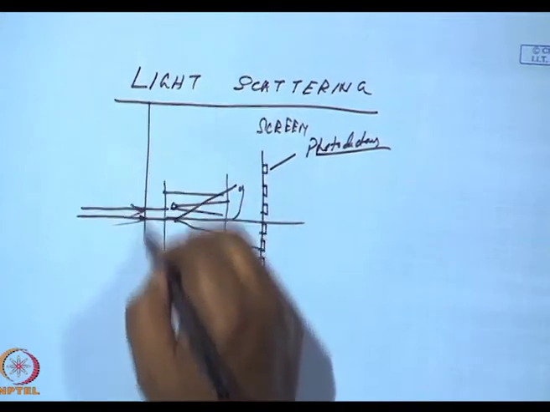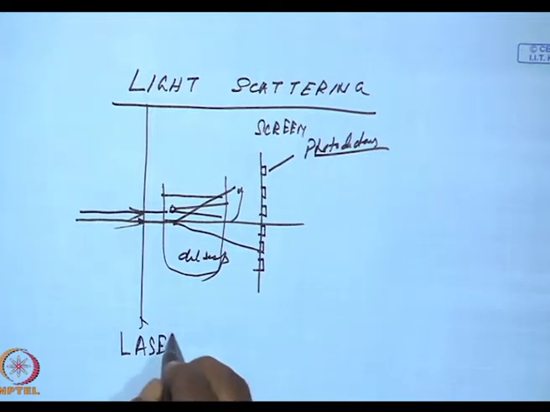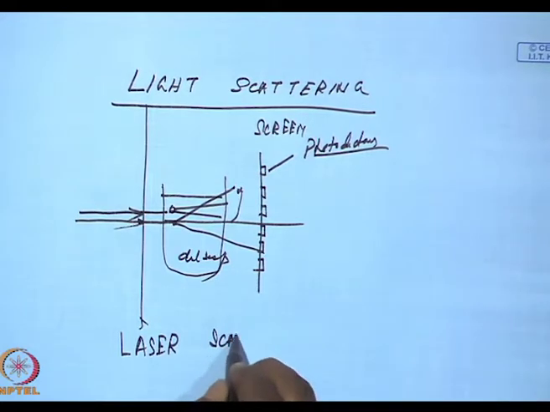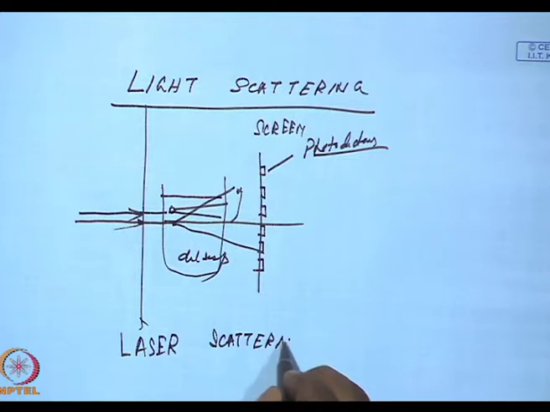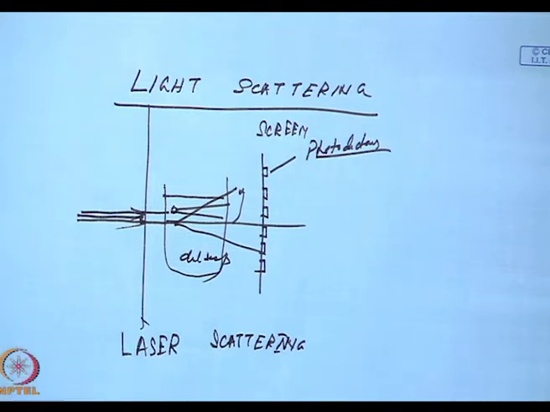Today, this light scattering has become more of a laser scattering, because a laser beam need not be focused. It is already focused. With any other source of light, it is a divergent light. We have to focus it, more additional optics are required.